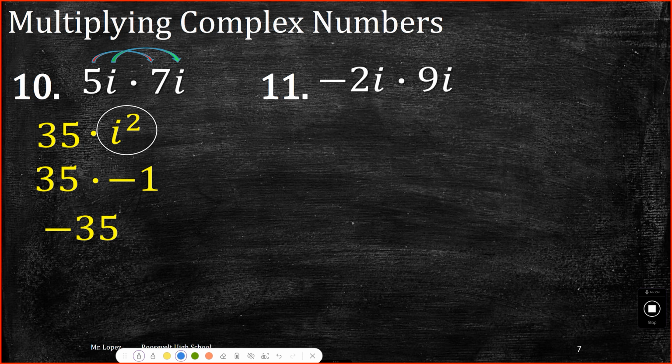What's the answer to 11? It's positive 18, isn't it? Because negative 2 times 9 is negative 18. i times i is i squared. i squared is negative 1. Negative 1 times negative 18, a negative times a negative, is a positive 18.